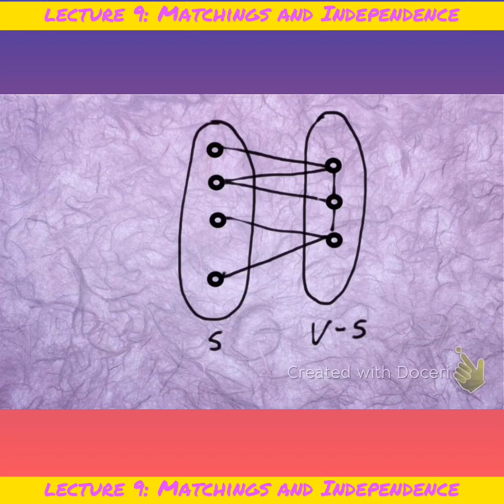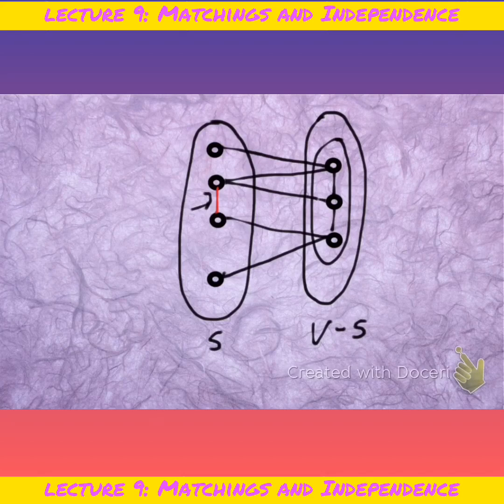The reverse: let's assume V minus S is a vertex cover, and now we need to prove that S is independent. Now, if S is not independent, then it means there's an edge between two vertices of S. But the problem now is V minus S is not going to be a vertex cover, simply because this edge is not covered by the vertices here.